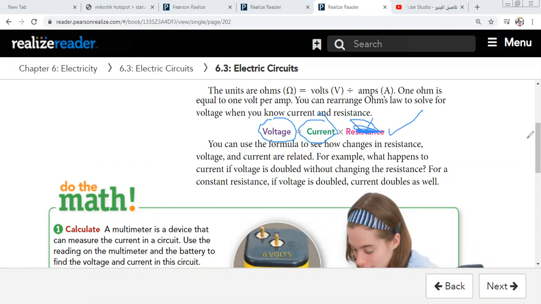Again, voltage equals current times resistance, and resistance equals voltage divided by current.